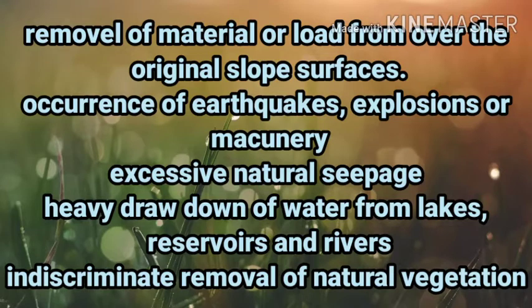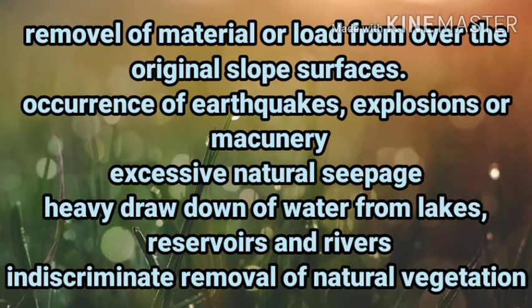And the removal of material or load from over the original slope surface, as you can see in this given picture. We can also include earthquakes, explosions and many types of interior earth activities, and excessive natural seepage.